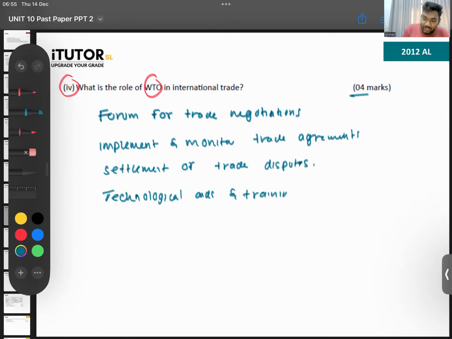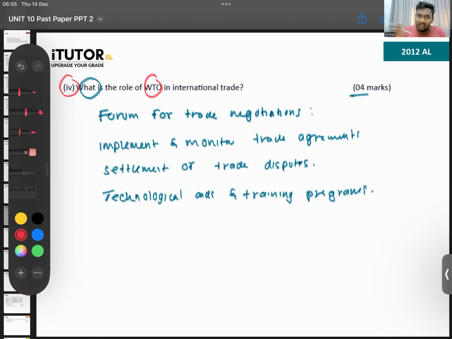Now these are there in your tute, so go through whatever tute that you are learning. These are directly there. Usually for a question like what is the role, even if you just state it, it's enough. But to be on the safer side, write a small one-line explanation. Reviewing national policies of member countries is completely okay.